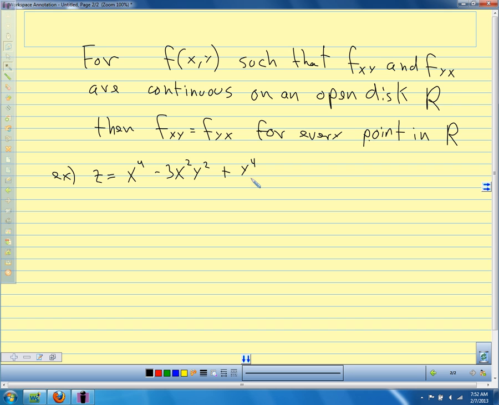What I want you guys to do is find the four second partial derivatives. We use shorthand when we're talking about partial derivatives. Instead of saying second partial derivatives, we can say second partials. So find the four second partials. I want you to come up with them, and then we'll compare answers.